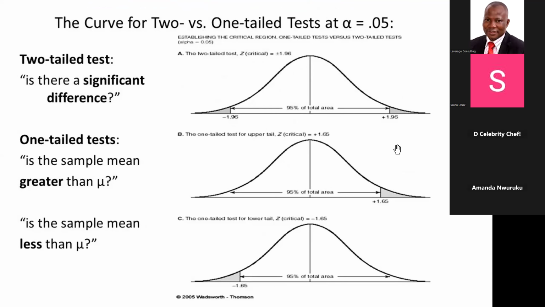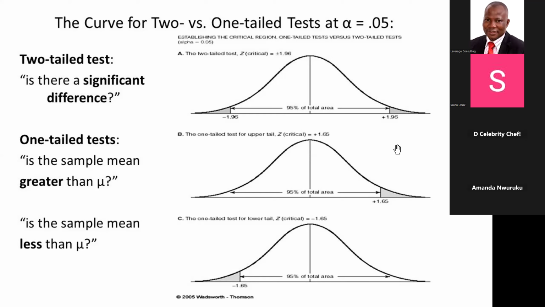But if it is one tail, we are also reading from the middle, but because the 95 is on one side, the remaining 5% is on one side. It's different from where the 95 is in the middle and the remaining 5% is shared, 2.5% on both sides. In this one, the 95 is on one side and the remaining 5 is on the other.